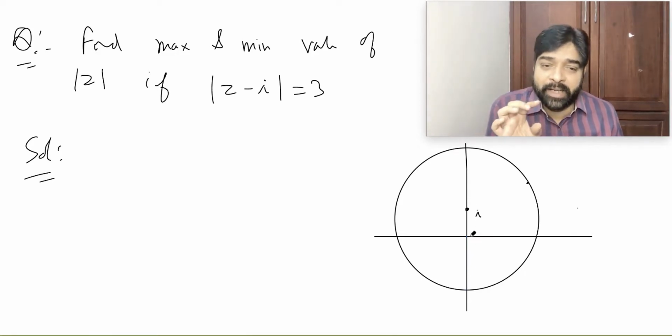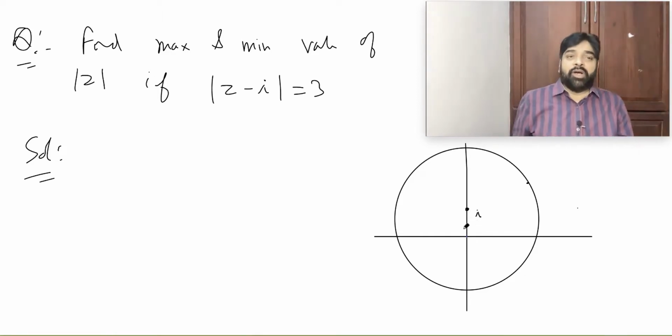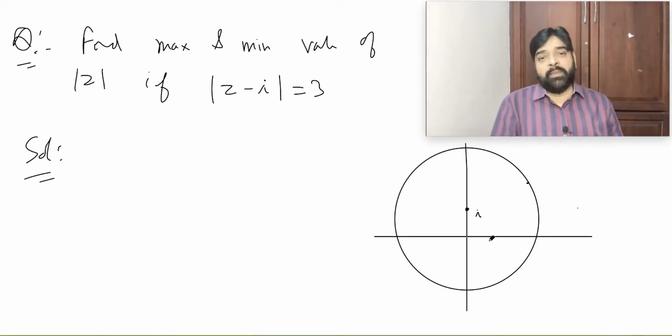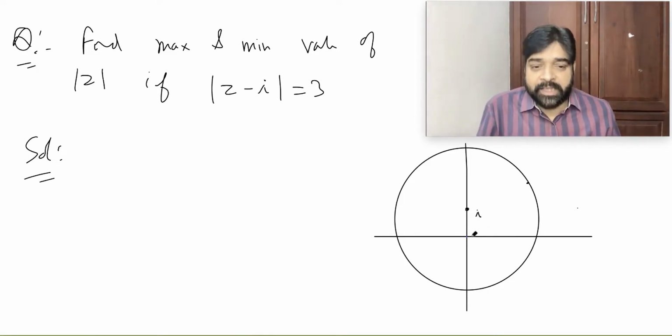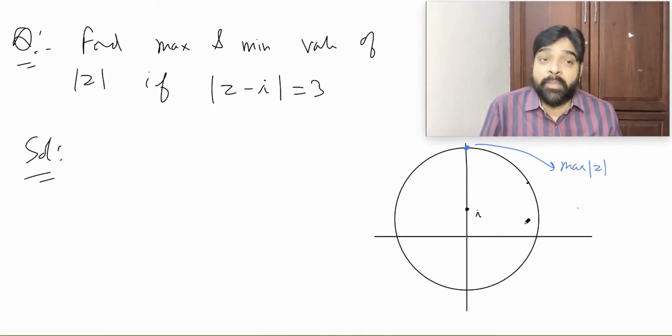The line joining origin and center, just extend it; wherever it cuts the circle, one will be maximum and one will be minimum. So the center is this, the origin is this, I join them and extend this line. When Z reaches here, this will give you the maximum mod Z. When it reaches here, it will give you the minimum mod Z.